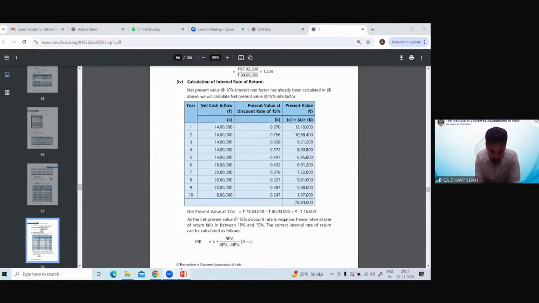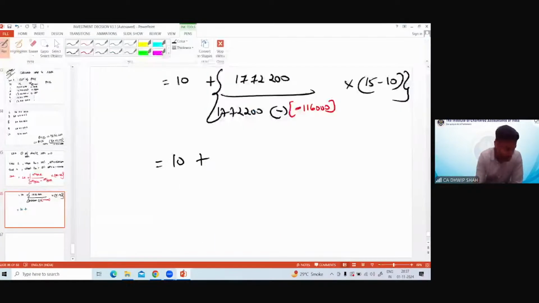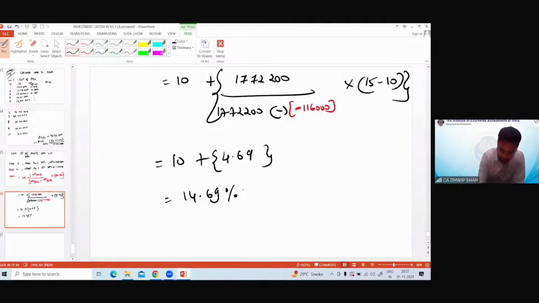That is not a big deal. So the bracket value comes to 4.69, and my IRR is 14.69%.